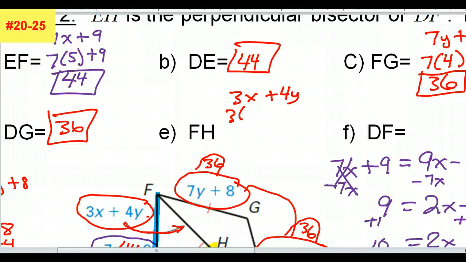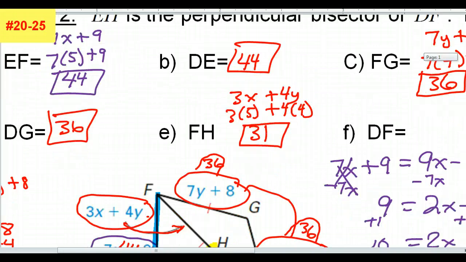But x is 5 and y is 4. 15 plus 16, what's that? 31. Okay, now be careful. Does that mean the next one's also going to be 31, you guys? No, we have to look at the picture and see what's what.